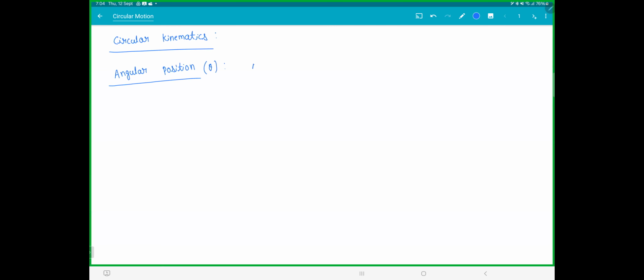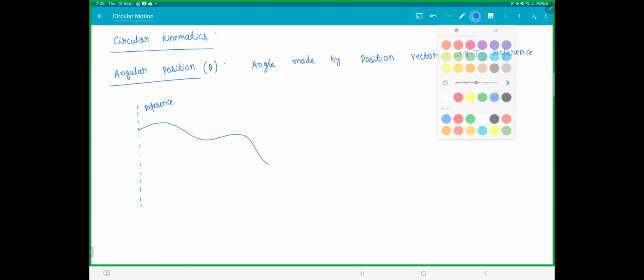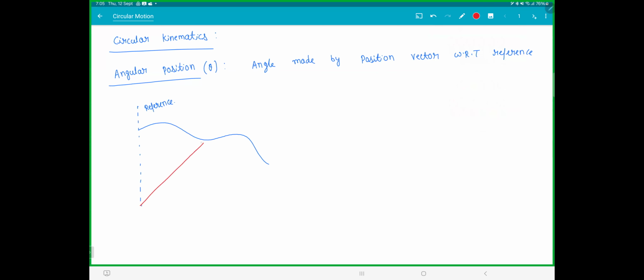So angular position is simply the angle made by the position vector with respect to the reference. Meaning, suppose a particle is going in some weird path like this, if you choose this dotted line as your reference line, and this is your R bar, this would be your angular position.